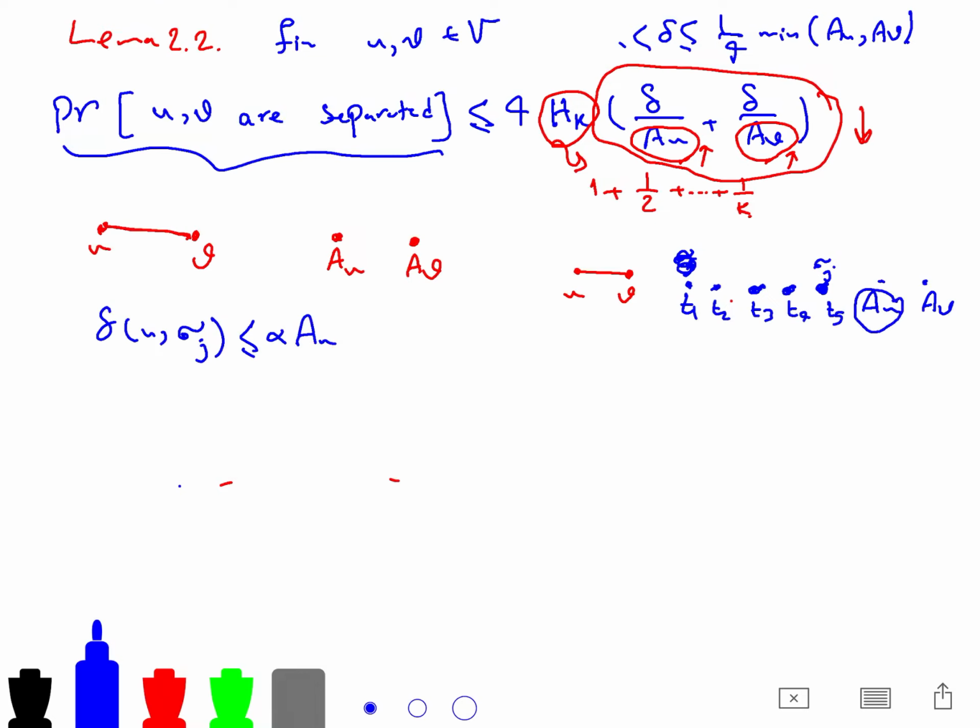You see, AU is too far. Then we assign U to sigma j. So you see how we can bound this probability that U and V are separated.